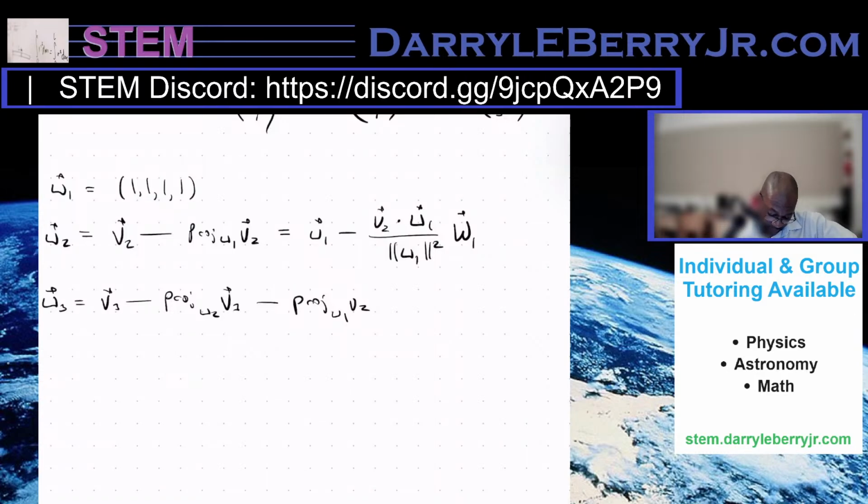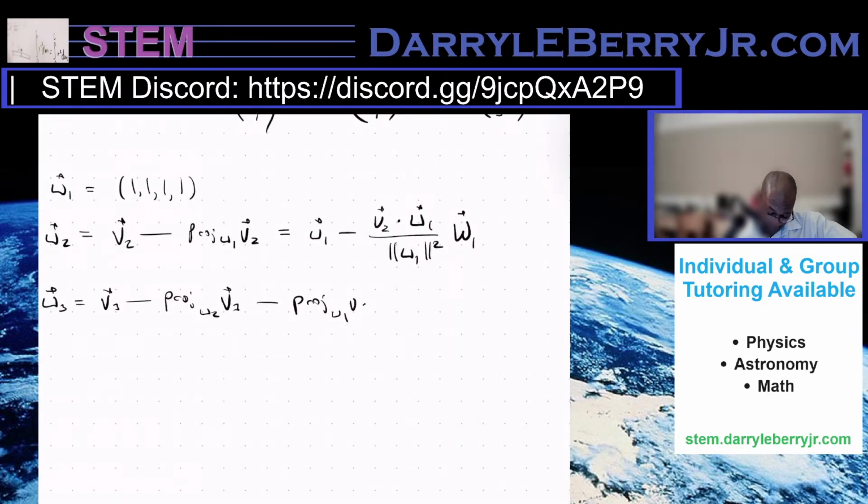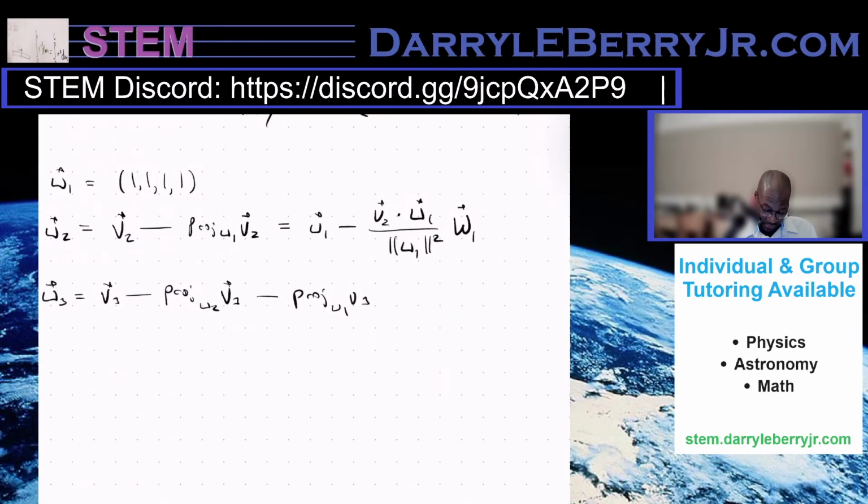Now the V will always be the third one, but it moves through the other ones.